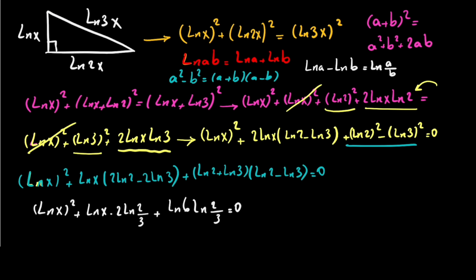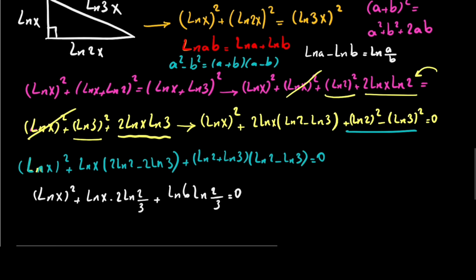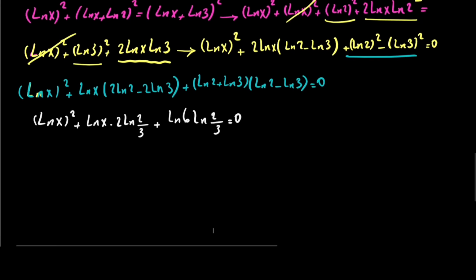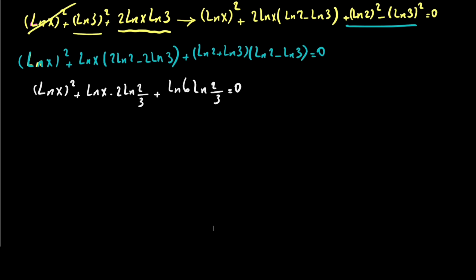So if you look at this equation, that's a quadratic equation. If, for example, we use a substitution, ln x as t, but of course we don't need a substitution. And if you've seen one of my videos, I proved that if you have t² plus bt plus c equals 0, we can calculate t with this.